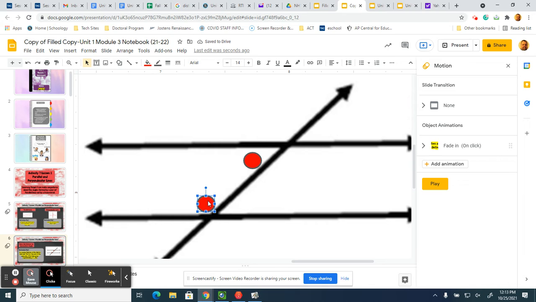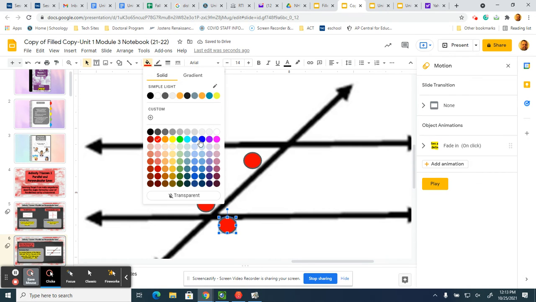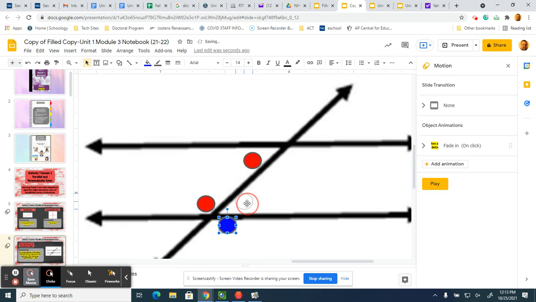Now, I'm going to put another set. I'm going to change these to blue. So the red pair are same side interior, and the blue pair is another set of same side interior. Does that make sense?